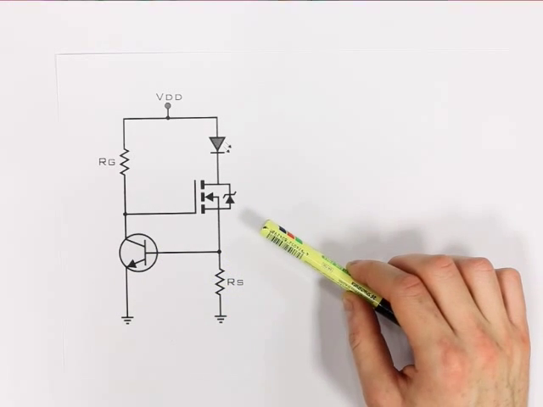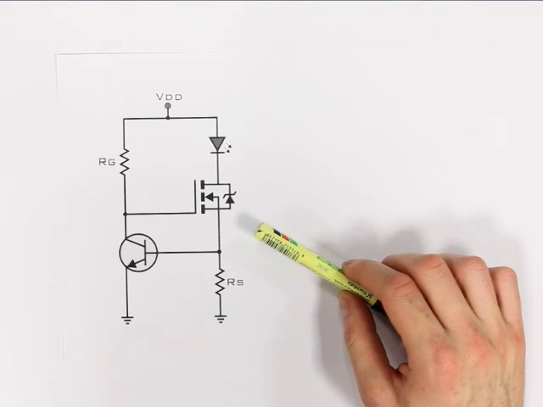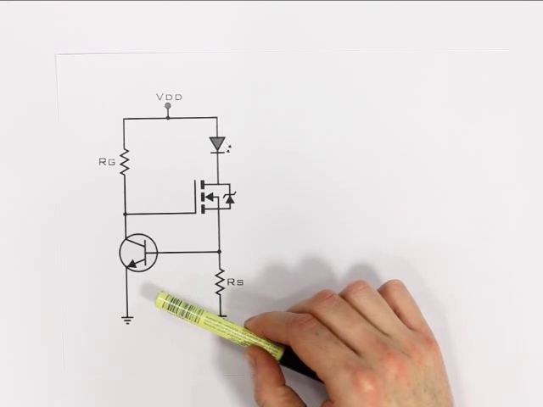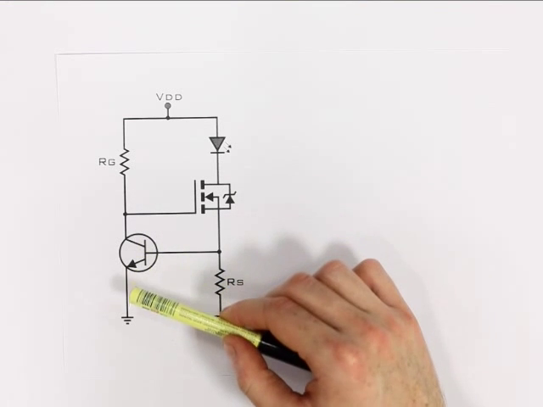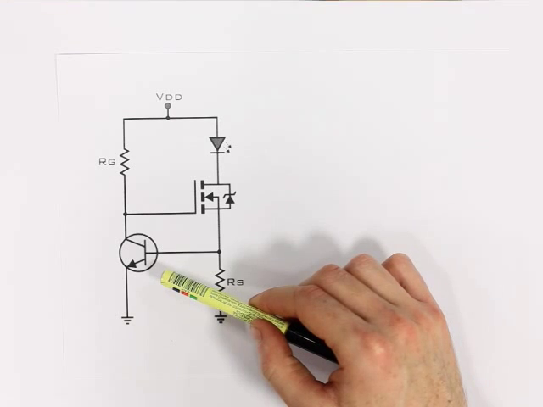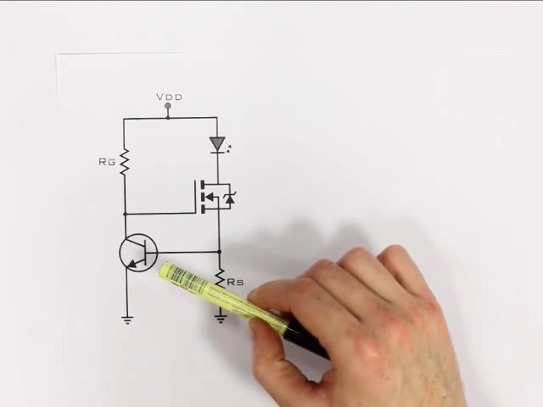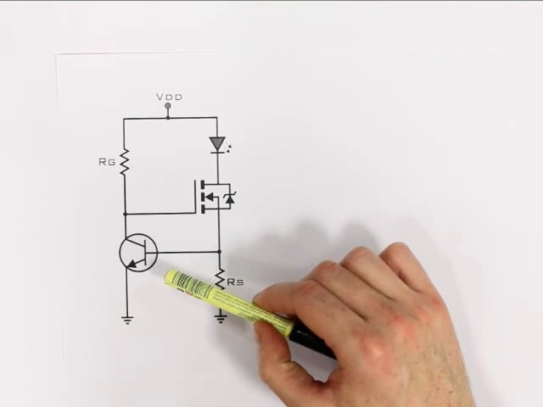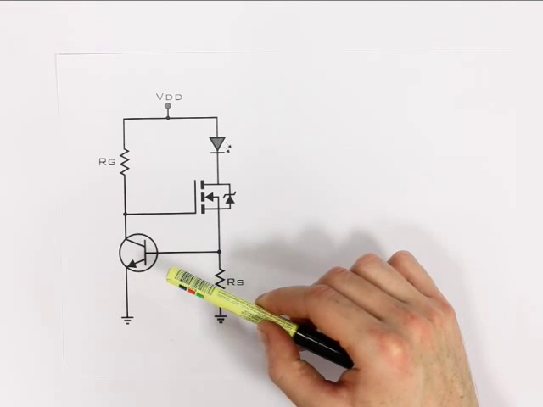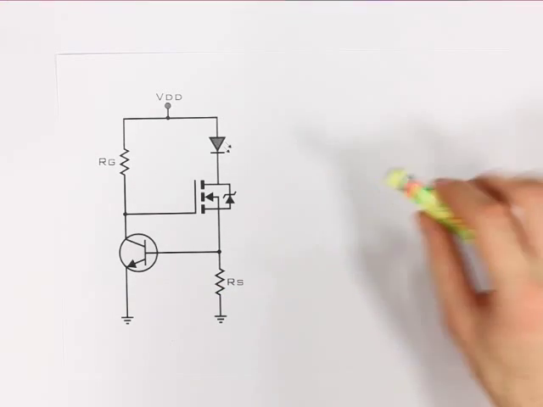This leads to a mode of failure called thermal runaway, where they become hot during operation, and so the current passing through them increases, which means they're dissipating even more power, since power is voltage across the device multiplied by current flowing through it, so they get even hotter. And that is a positive feedback loop, which can cause the device to eventually overheat and fail.